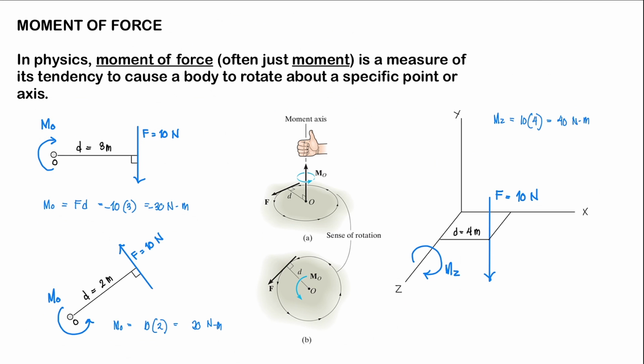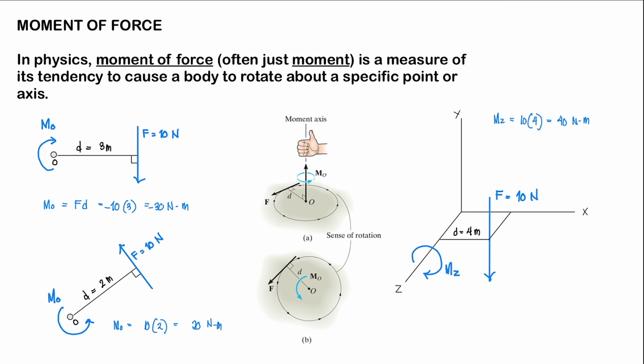So, what if we're considering a 3D force system? We have here force F again, which is 10 newtons, and we want to know the moment along the z-axis. Now, the sign convention for 3D force systems with regards to your moments is guided by the right hand rule.